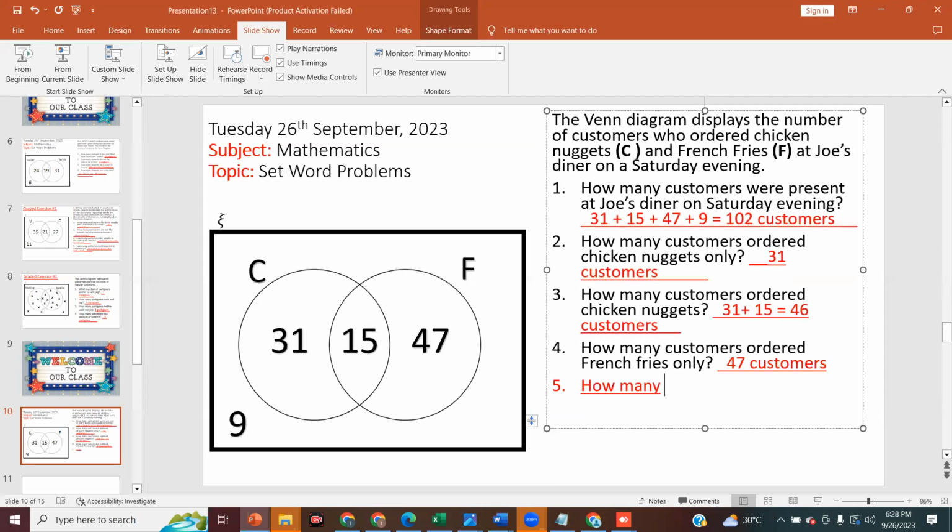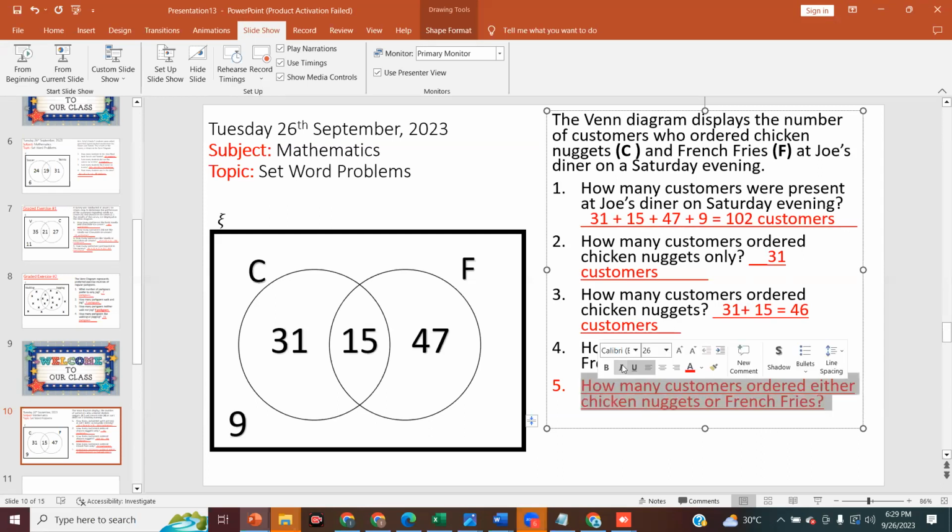How many customers ordered either chicken nuggets or French fries? How many customers ordered either chicken nuggets or French fries?